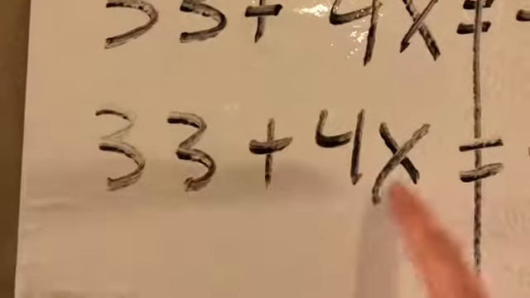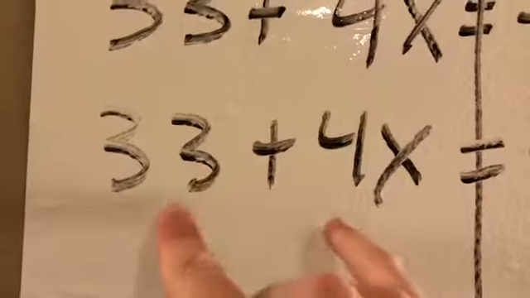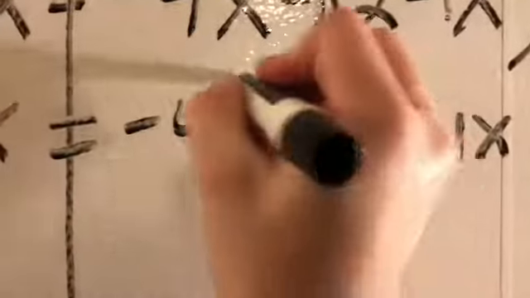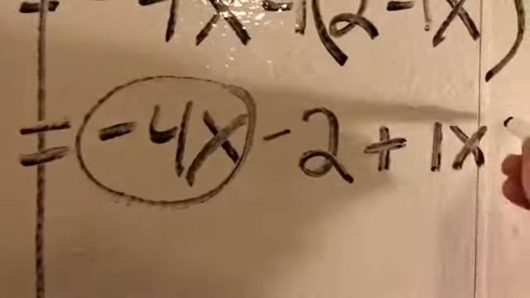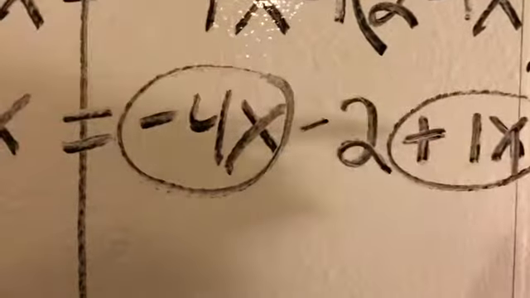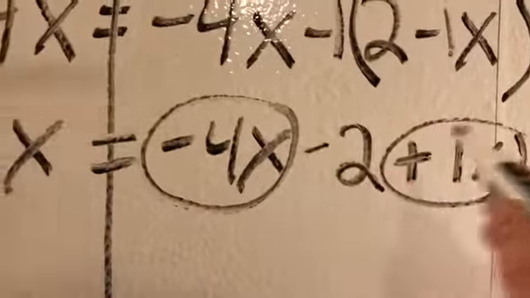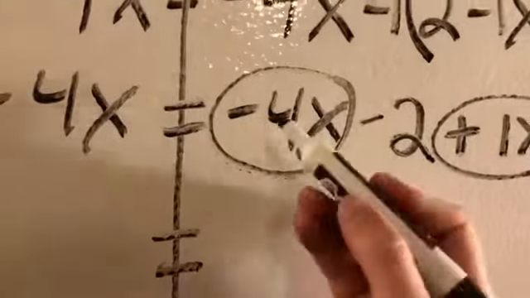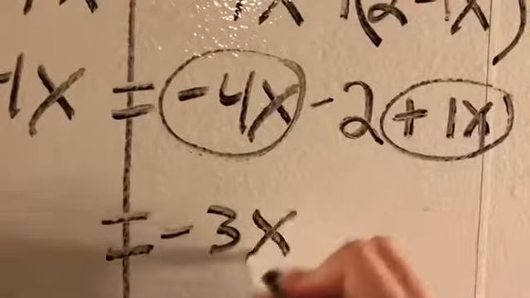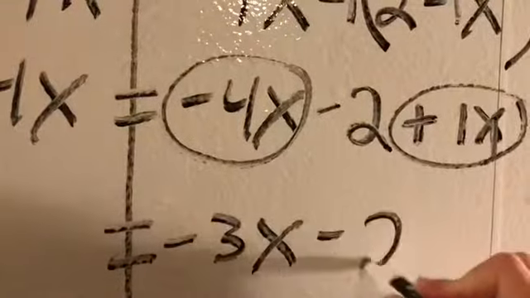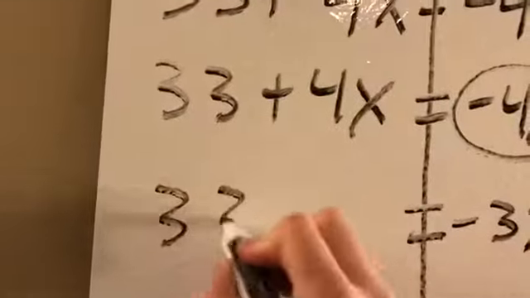Those can be combined only if they both have an x, or they are both regular numbers. So over here, I see -4x. Don't forget that negative goes with the 4x. And the +1x, they each have letters, so I can combine those. -4x plus 1x will be -3x. I haven't touched that -2 yet, and I haven't done anything to the left side.